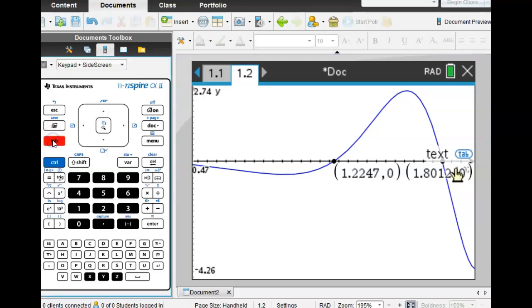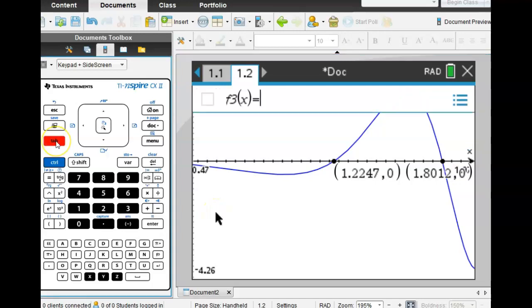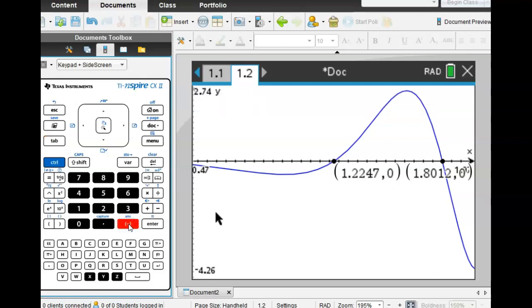So we're going to hit tab again. Okay. So here, basically I want y to equal negative 1. Oh, that's a 4. All right. And then, boom.